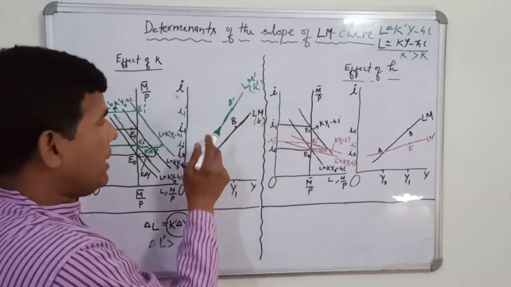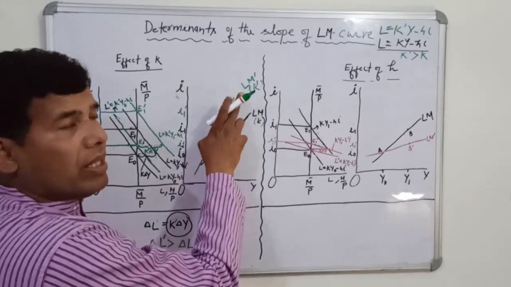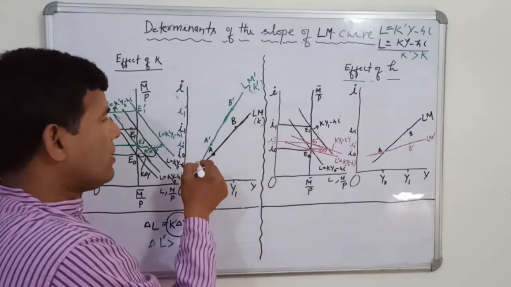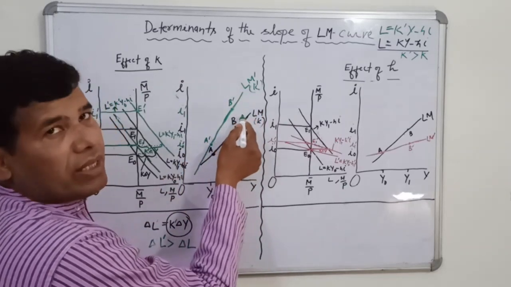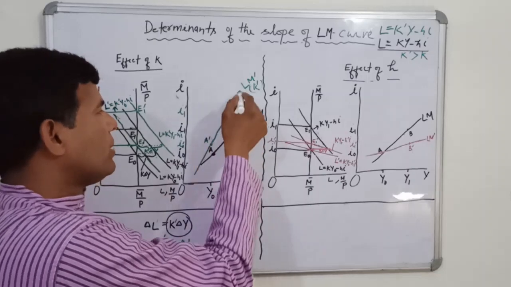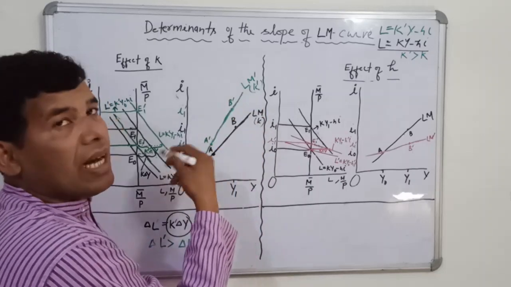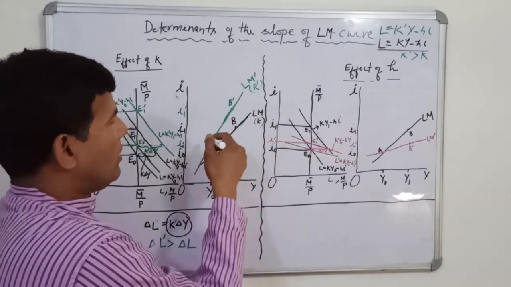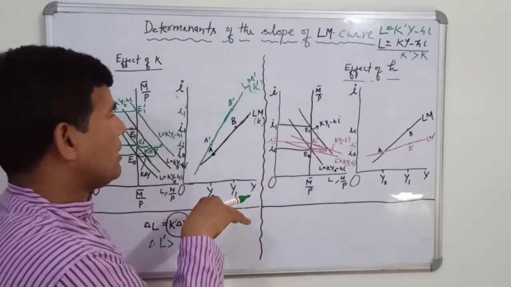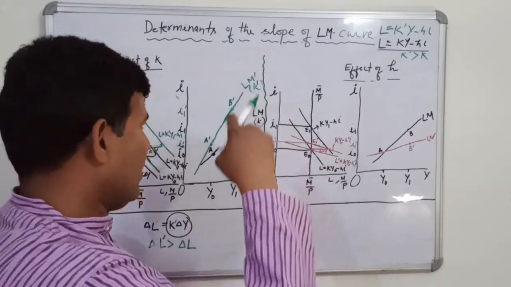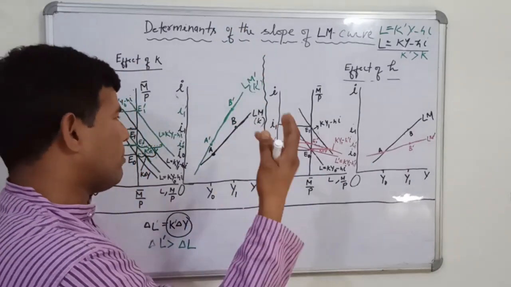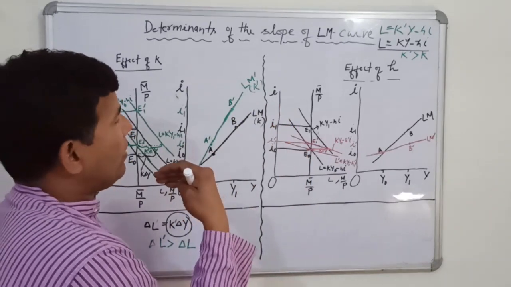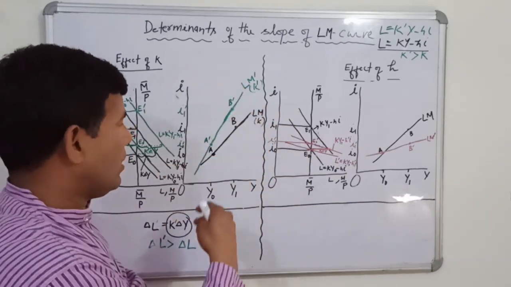Definitely LM prime, because it is steeper. Climbing on this mountain is harder than climbing on this mountain. Wherever climbing is harder, you can call it a ladder. So the more the steepness of the climbing segment of either a mountain or a stair, the harder it would be for the climber to climb.